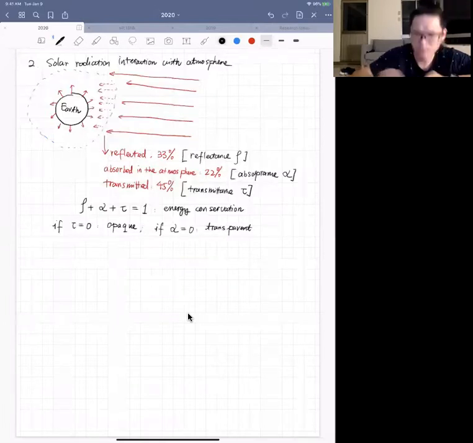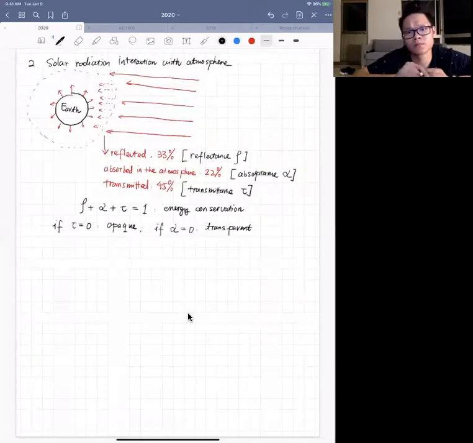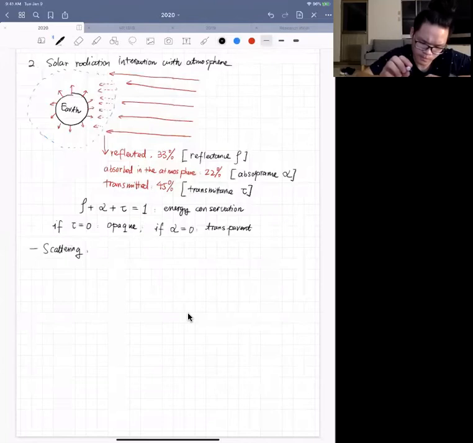In addition to reflection, absorption, and transmission, these three channels are of course very important. There is actually a fourth process that is also very important. As I alluded to a minute ago, it's called scattering. Think about the gas molecules and small particles in the atmosphere.